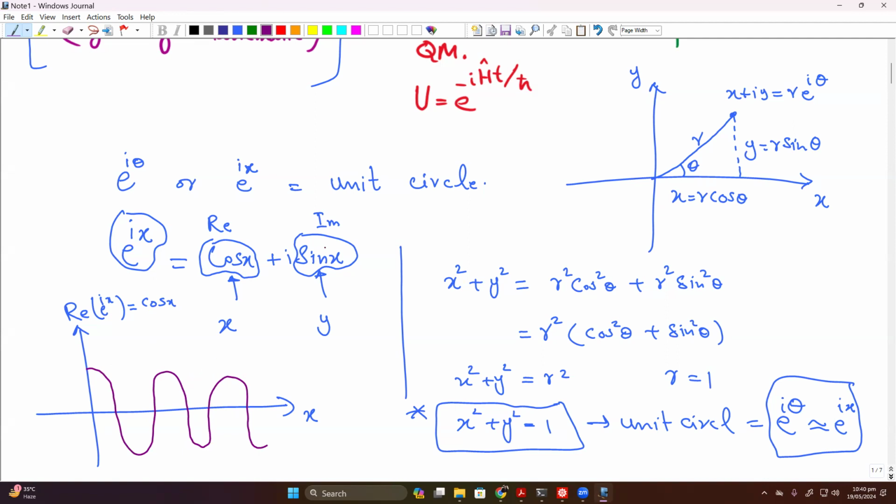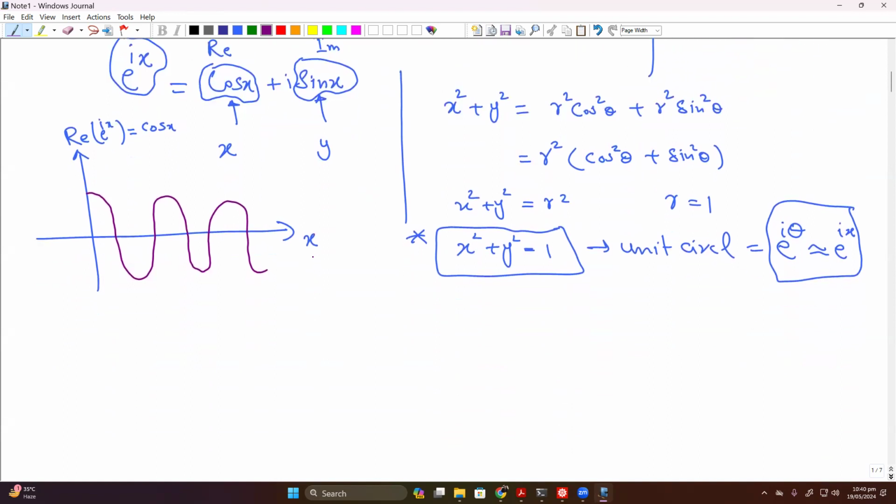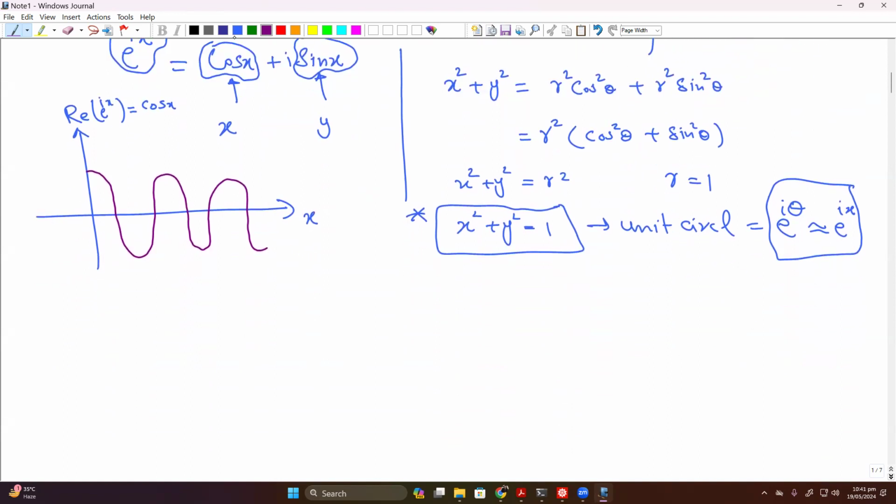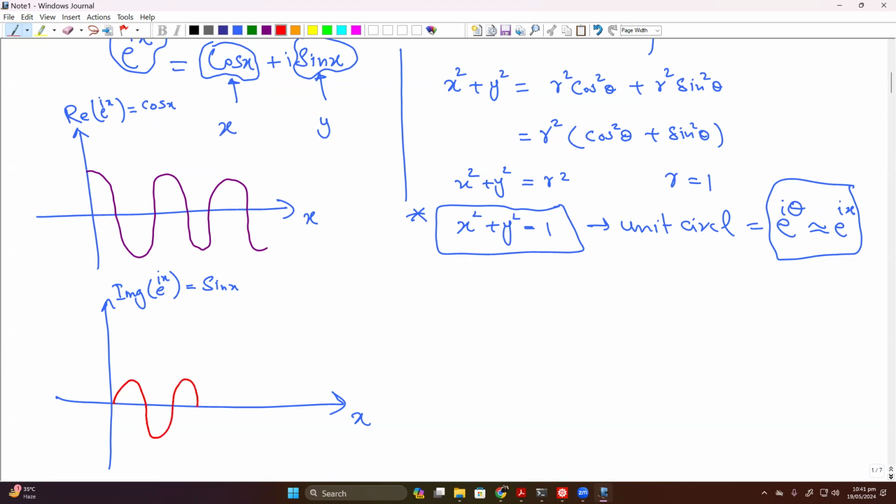Similarly, if I plot the imaginary part as a function of x, this is x, and this is the imaginary part of the function e to the ix, which will be equal to sine x. So this will look something like this, sine and cosine.